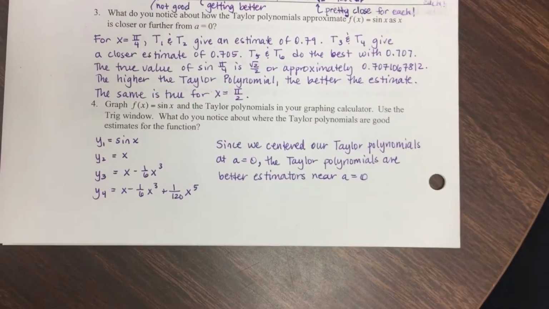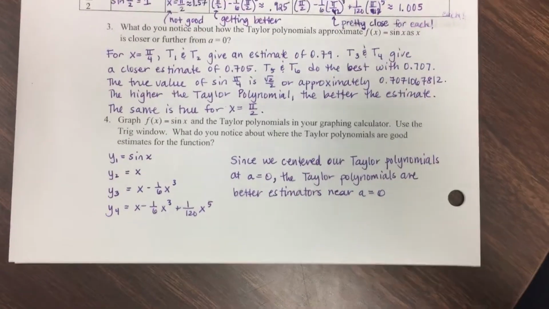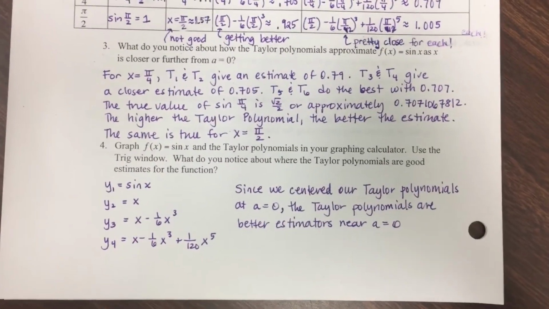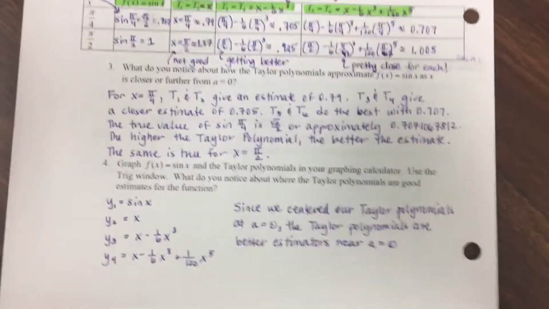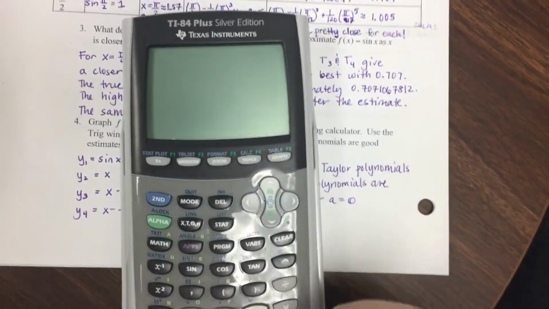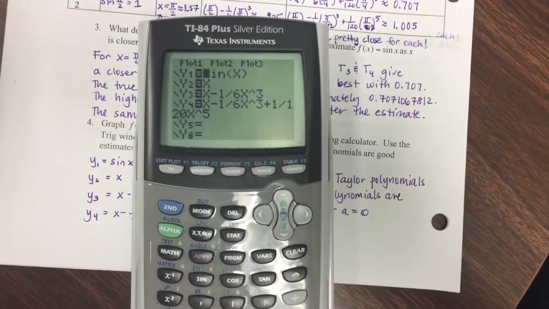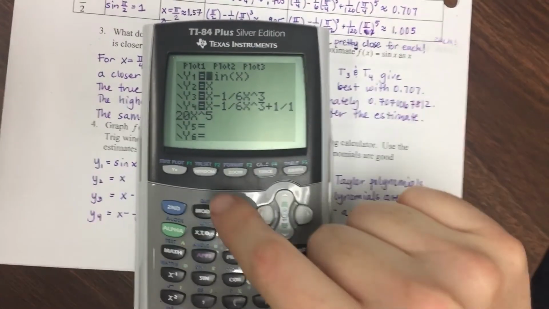So I'll show you how I set up my calculator. I went ahead and put the function that we are trying to estimate here as sine, and then my 3 Taylor polynomials, and then I want to look and see what they're going to look like. Ooh, spoiler alert. Okay, so there are my polynomials in there. I'll show you my window.